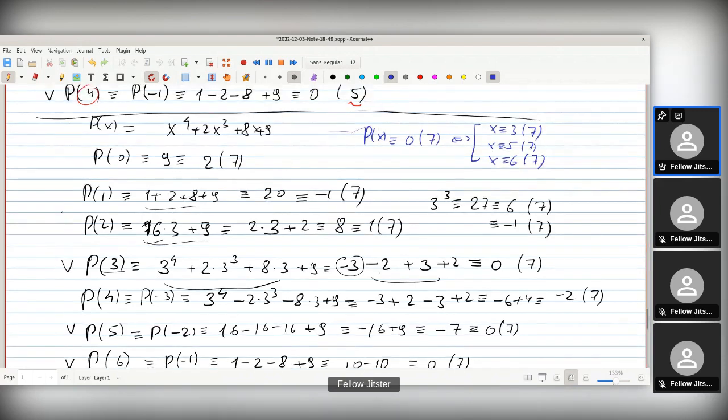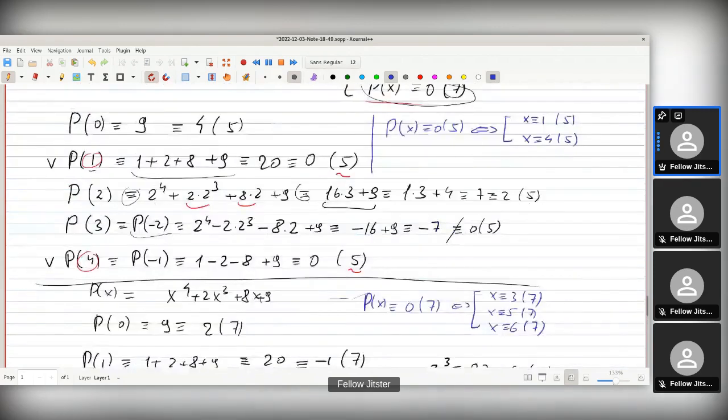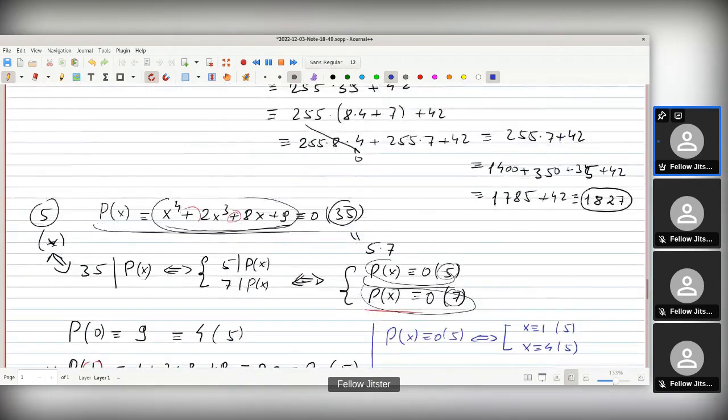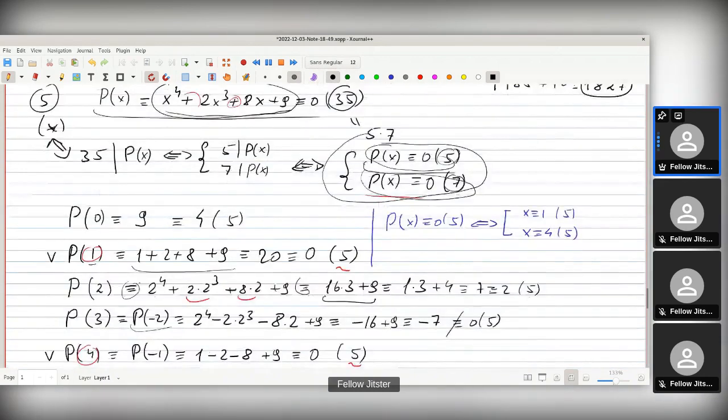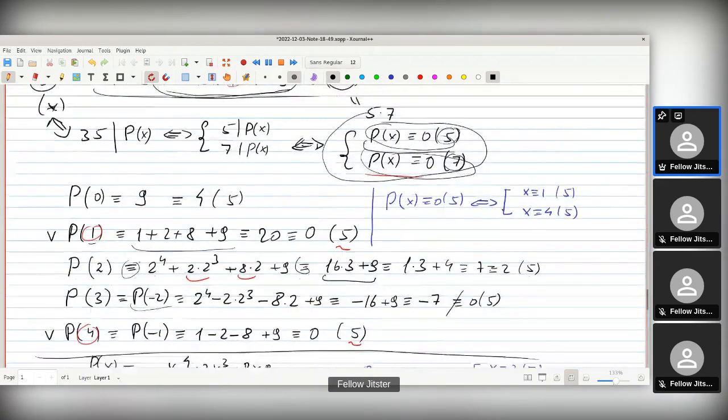So our original problem, let's do it. We need about 10 minutes. Our original problem is equivalent to the following system, that is, a conjunction of disjunctions.